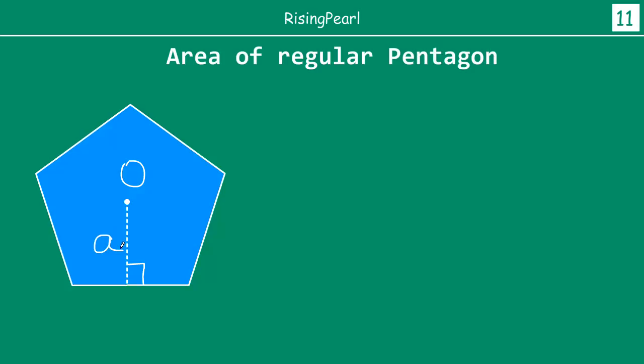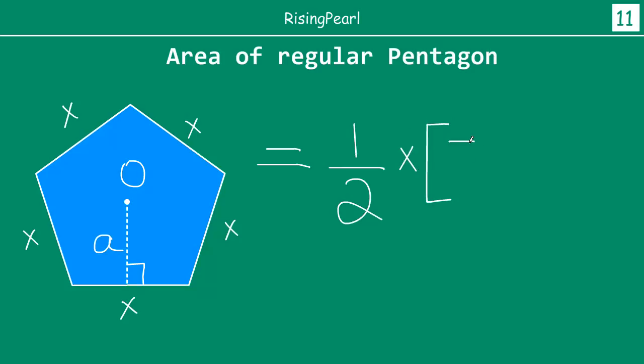If this length is a, and each side is x, then the area of this pentagon will be half the perimeter, which is 5x, where x is the length of each side, times a, where a is the apothem, the perpendicular dropped from the center to any one of the sides.